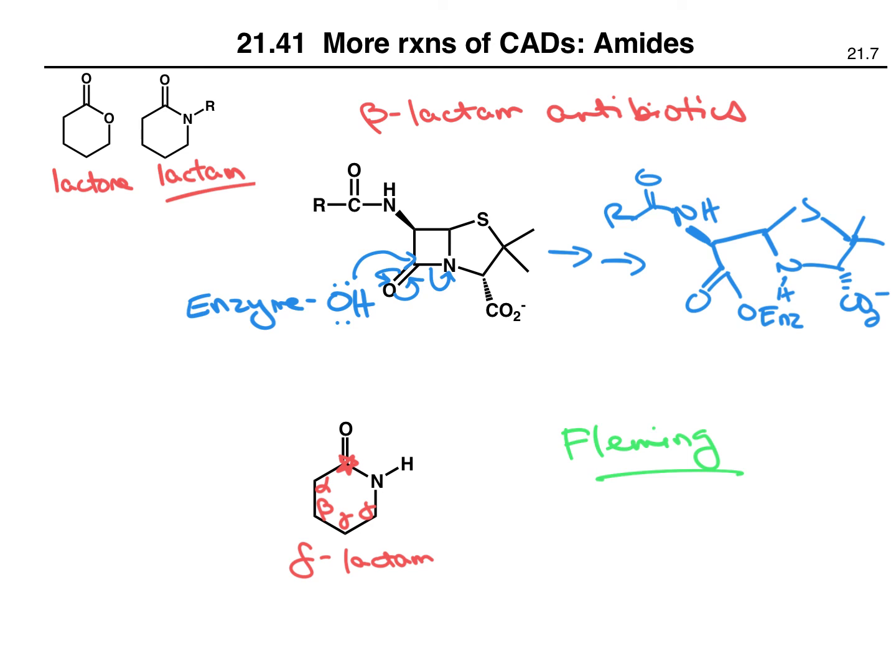And so, yes, he discovered the particular compounds, but it was Florey and Chain from Oxford, as well as Heatley from the USDA, who developed fermentation methods to be able to make larger quantities of penicillin so that they could be used as antibiotics. So this was happening during World War II, where antibiotics were critical.